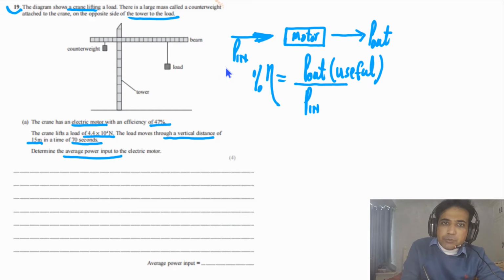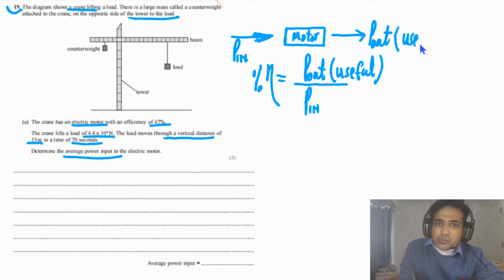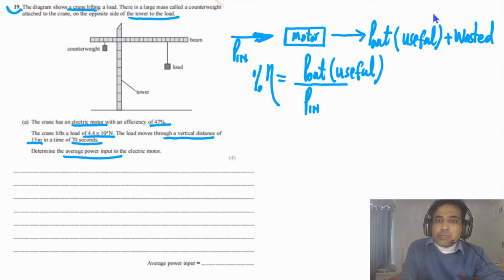P out has to be equal to P in, but P out will have useful power, so this will be P out useful, and also there will be P out wasted, or dissipated power wasted. So this sum has to be equal to P in.